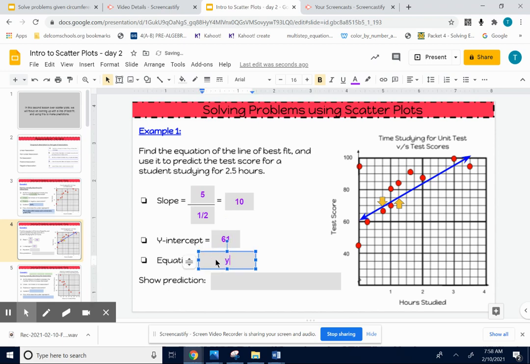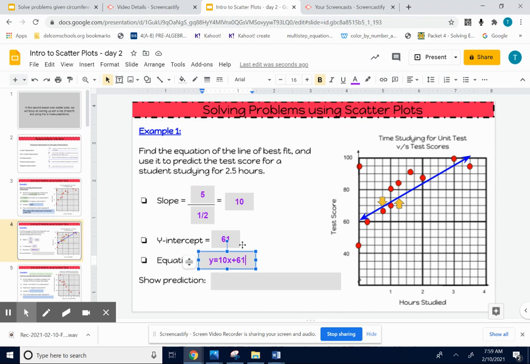My equation is y equals 10x, put the slope in front of the x, put the 61 at the end, the y-intercept at the end. So we get y equals 10x plus 61. Okay, that's the hardest part, especially the figuring out the slope. So take your time with these.